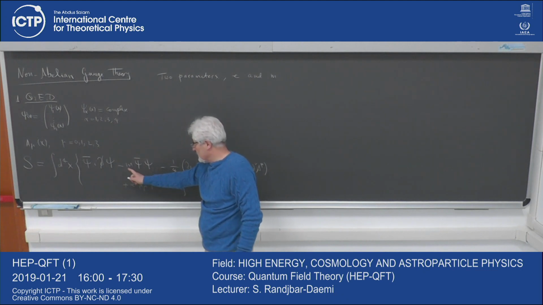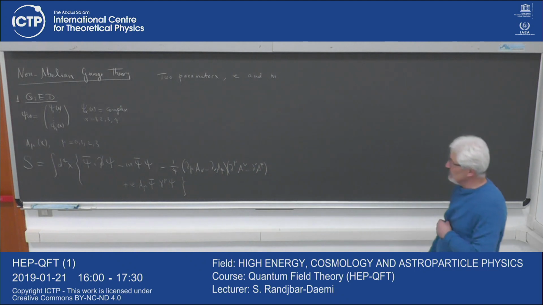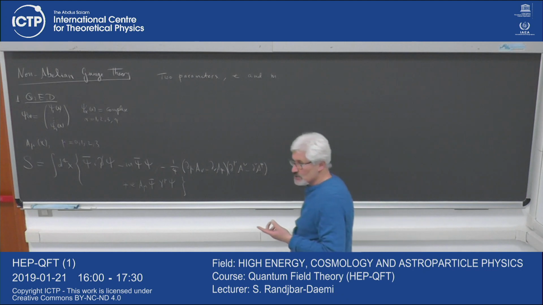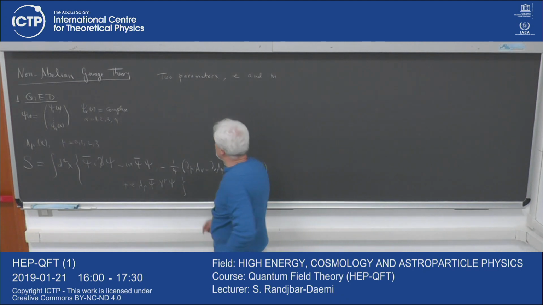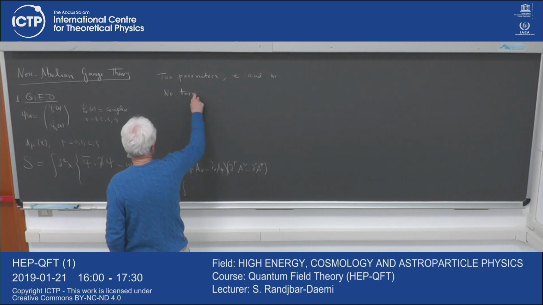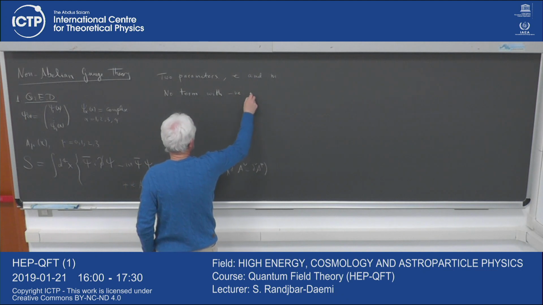Therefore, E is dimensionless, and M has the dimension of a mass. Okay? In particular, there is no term with negative mass dimension in this action.